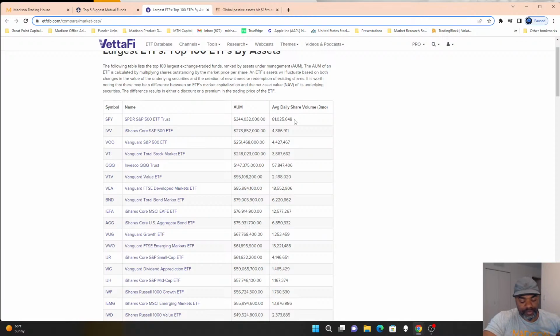The point is, when you get out of a mutual fund, it's not a quick, easy process, because you're basically signing away the right to have easy access to your money. Once you get into a mutual fund, you're giving up the management to the manager. And it could be a passive mutual fund in a sense where they're just buying shares of S&P 500 stocks and holding them, and that's the mutual fund.